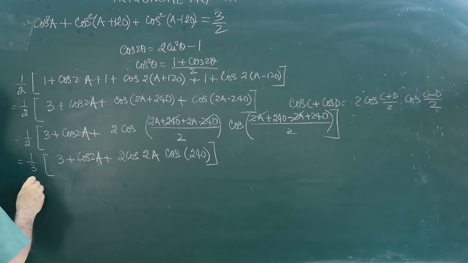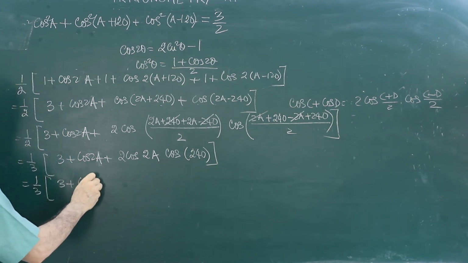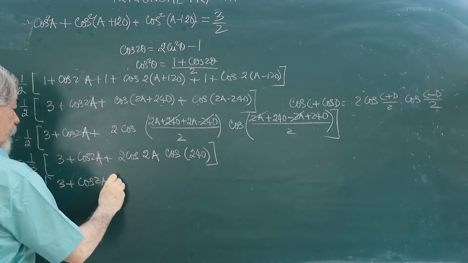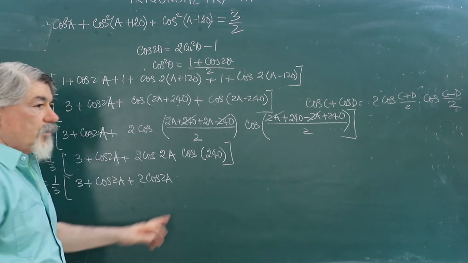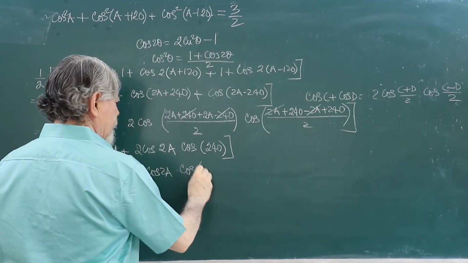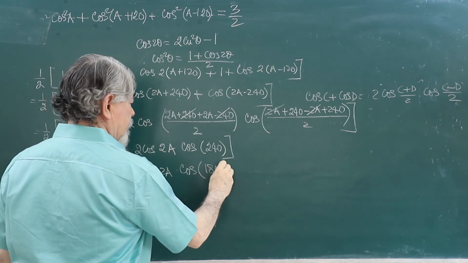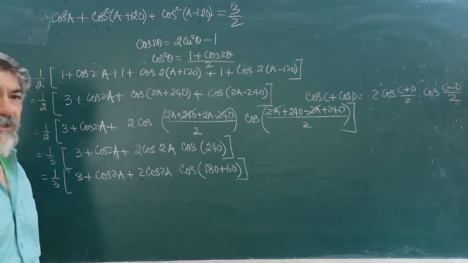Okay. 1 upon 3, 3 plus cos 2a plus 2 cos 2a, and cos 240 can be written as 180 plus 60. 180 plus 60 means it will go into the third quadrant.